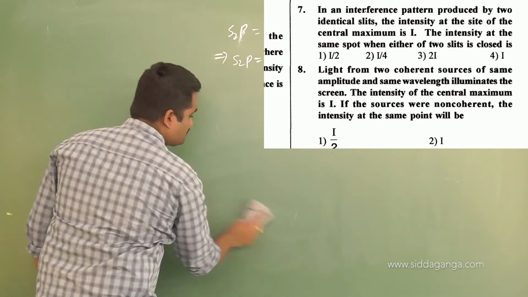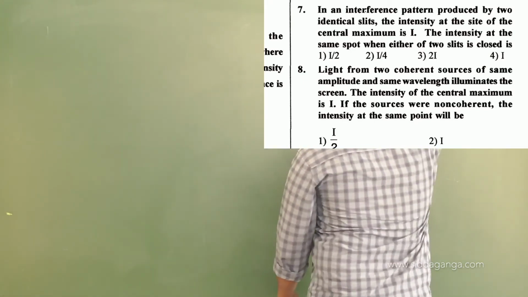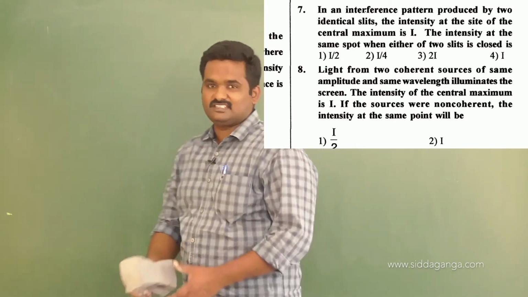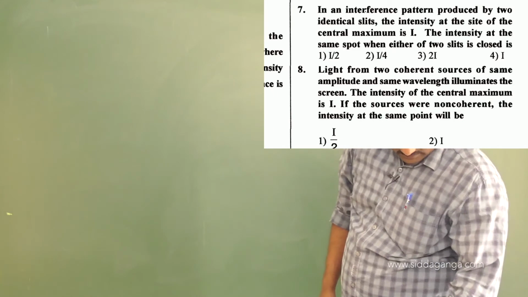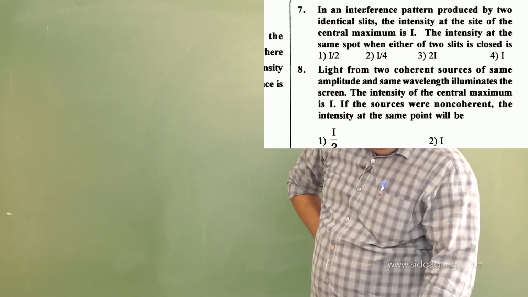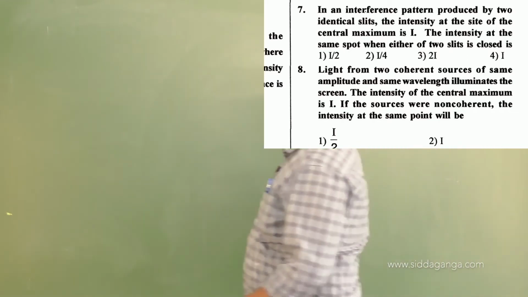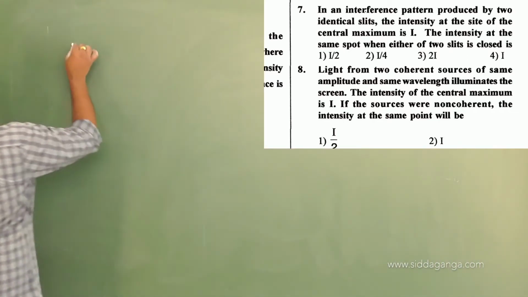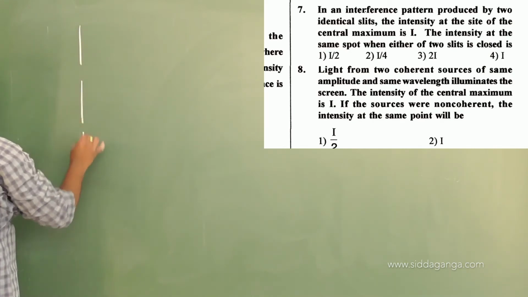Due to both the slits, what is the intensity we are having? They have given it as I. Just go through this problem. If one of the slits is closed, the intensity at that certain point is I, right? Intensity at the same spot when either of the two slits is closed is, now see here, these two are the two slits, right?